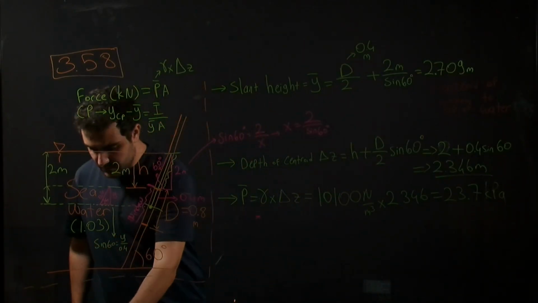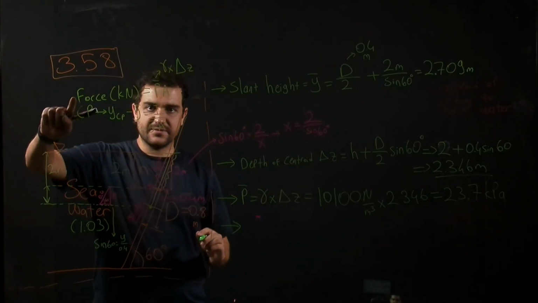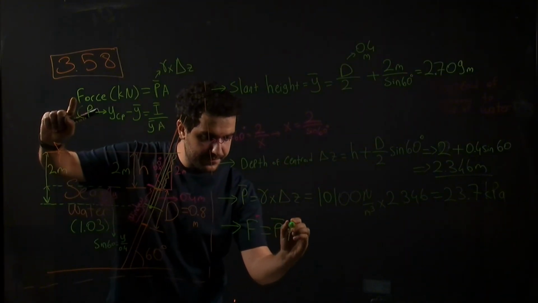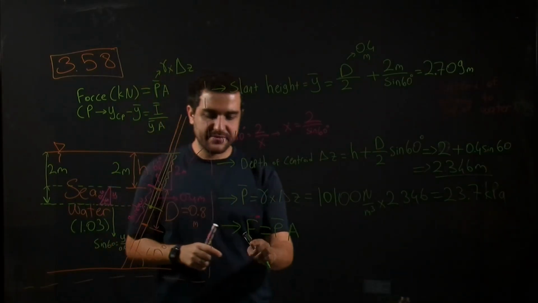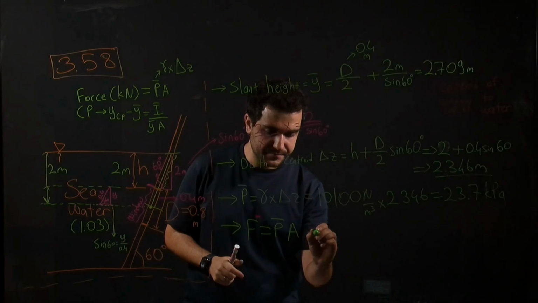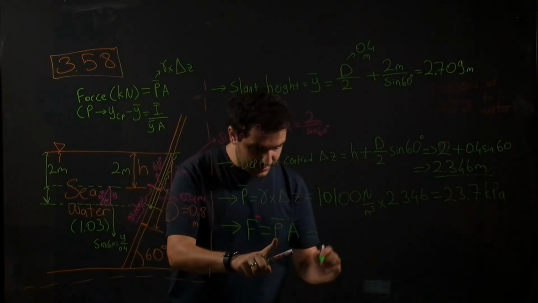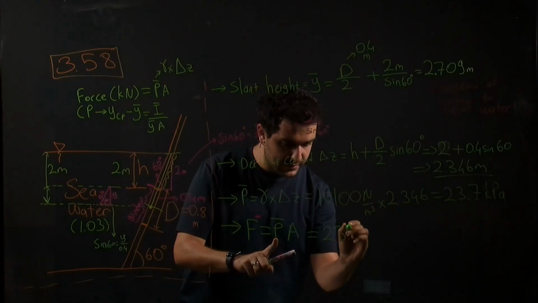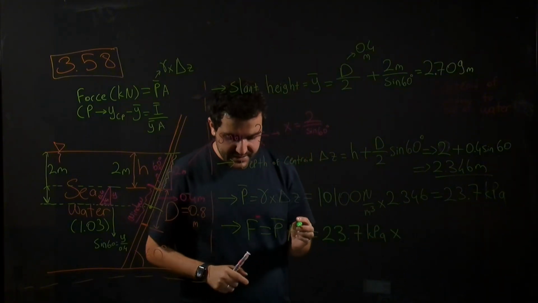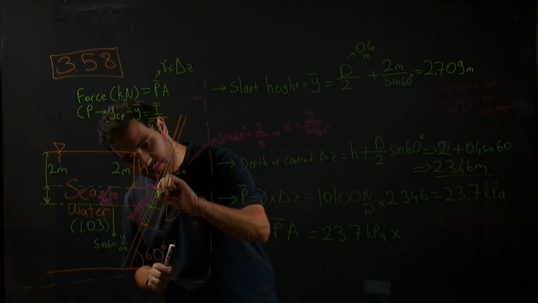And now we can finally get the hydrostatic force, which is F is equal to P, which is hydrostatic pressure, times area. And we will directly write P. And the area is area of this gate. Actually, let me draw these lines.